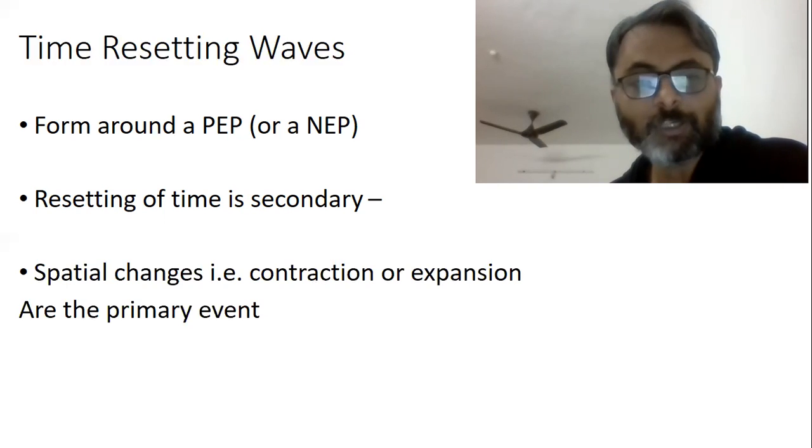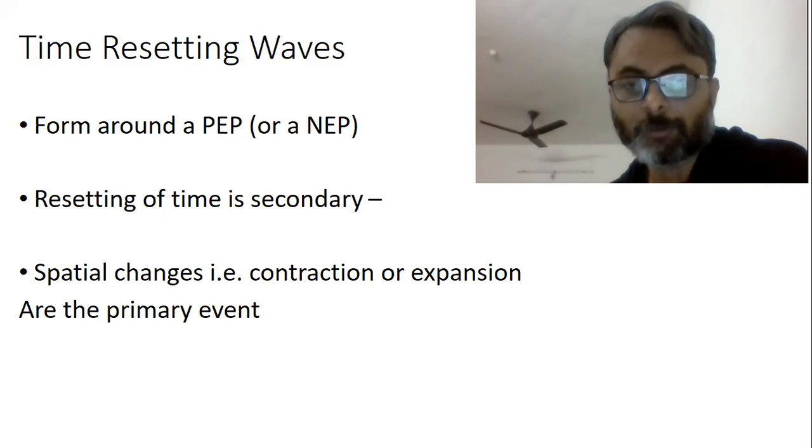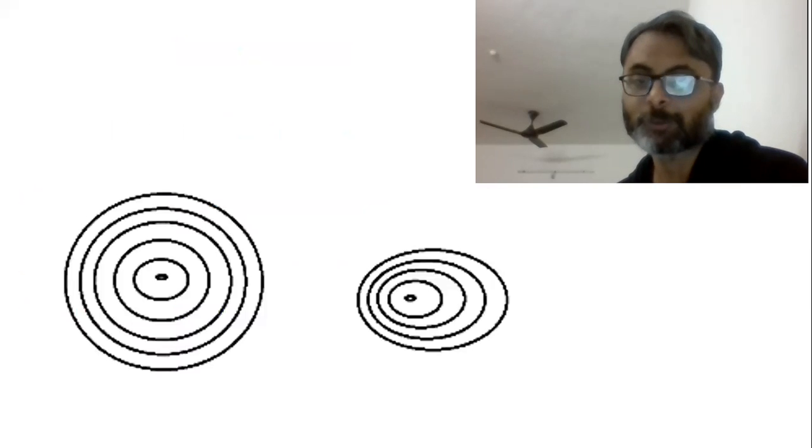So these are time resetting waves actually. So spatial contraction is the primary one, and the change in time is the secondary one. This change in time is only limited to local time, and the universal time remains constant.